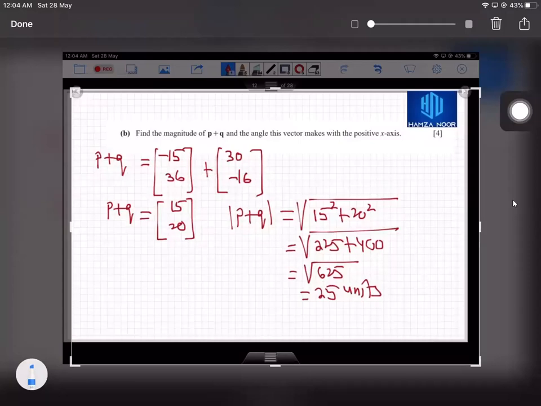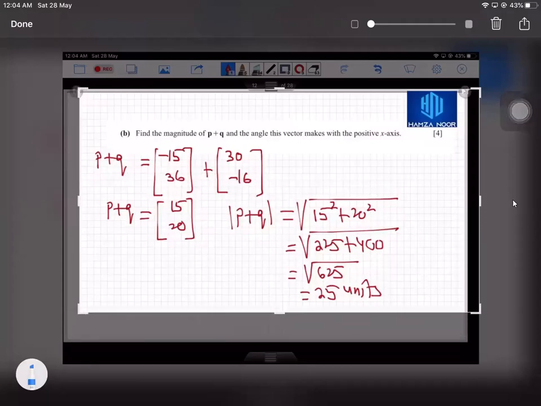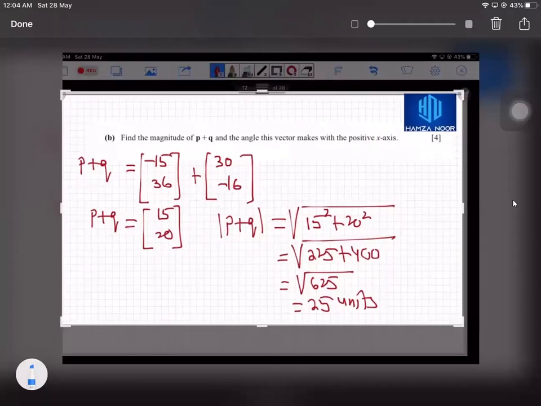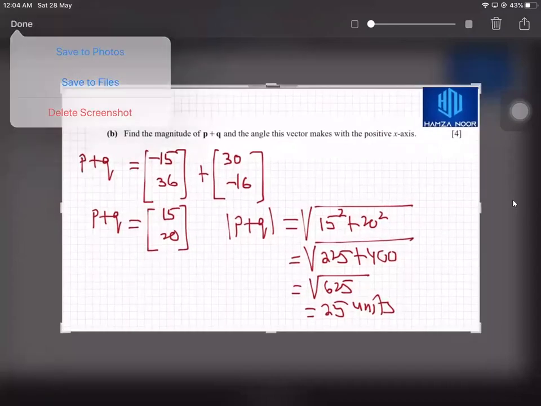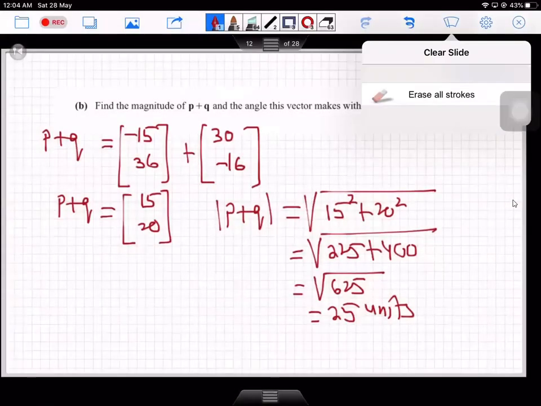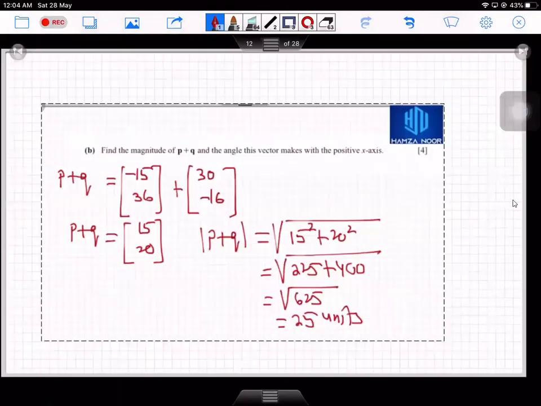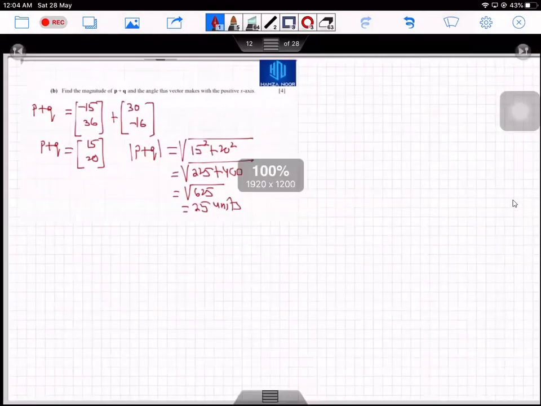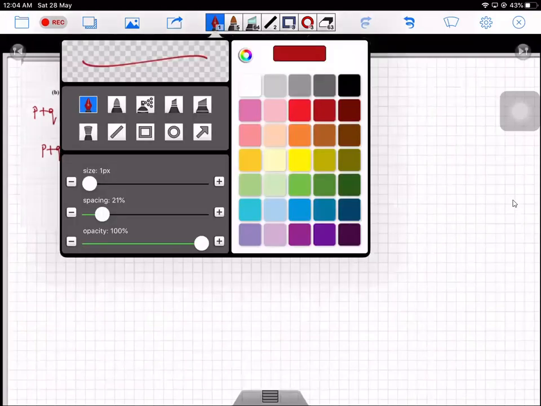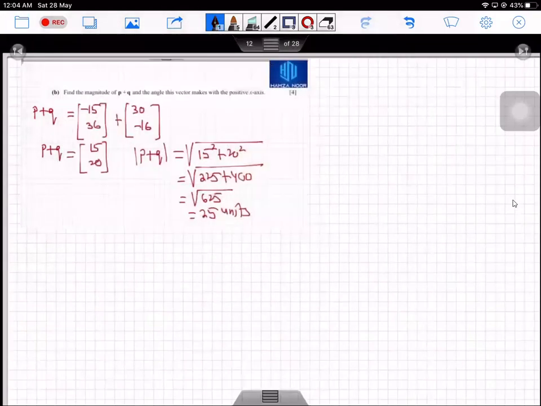But first, let me give you an illustration through a sketch of a diagram. You don't need to make that sketch, but it is just for your ease to understand what's actually happening over here. As we know, the vector P is minus 15i plus 36j.